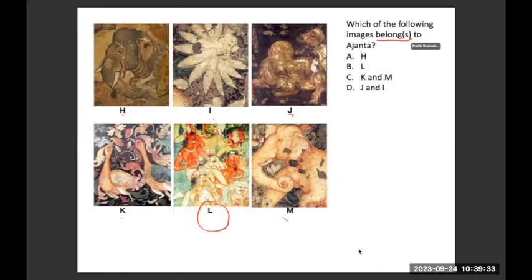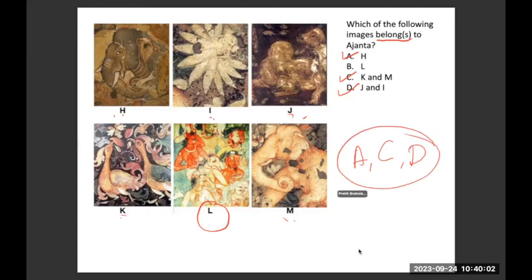All the art forms which are given here, except for L, belong to similar lines, similar color combinations, and henceforth, A, C, and D all are correct. So H, K and M, H and I and J all are the paintings which belong to Ajanta. So A, C, and D are correct in this case.